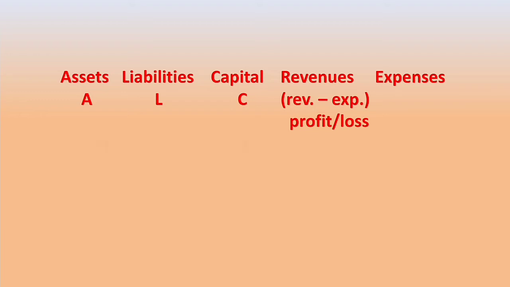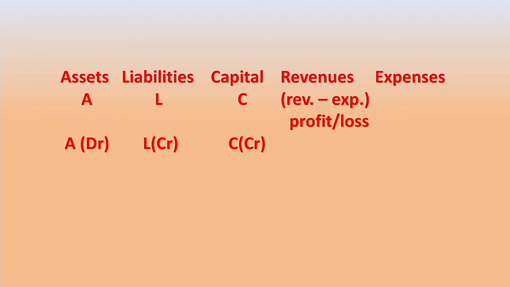Okay, after this adjustment, we will have three categories of accounts: assets, liabilities and capital. Here, assets will always show a debit balance, because as per the rule, assets increase, debit. Whenever we are purchasing an asset, we are debiting the assets account. Then it will always show a debit balance.